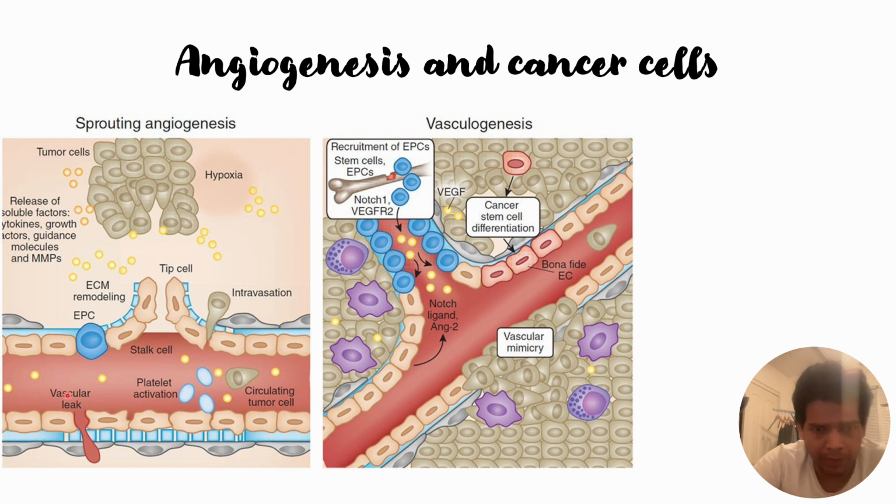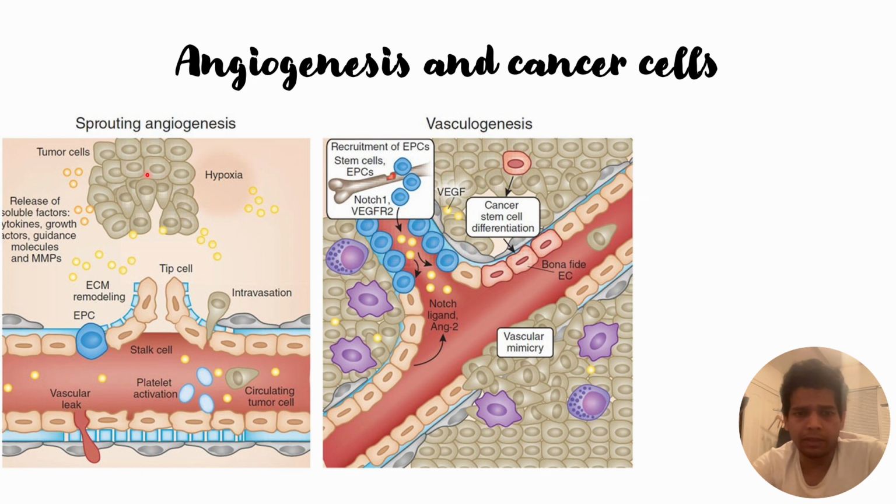One example shown here is a vascular leak caused by cancerous cells, and this will help the tumor microenvironment with its nutrient supply, and help the tumor cells that are present at these sites.